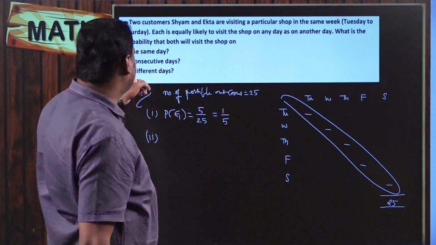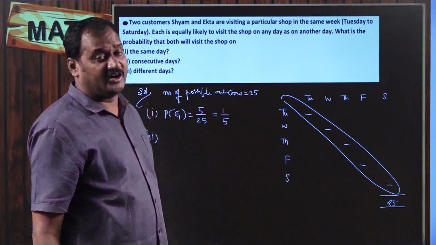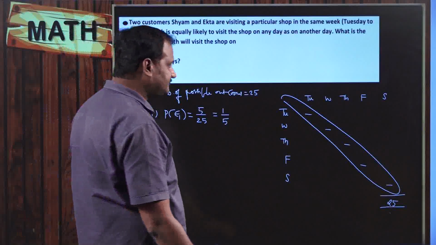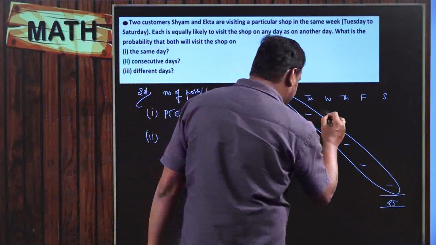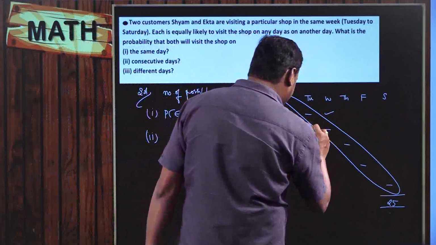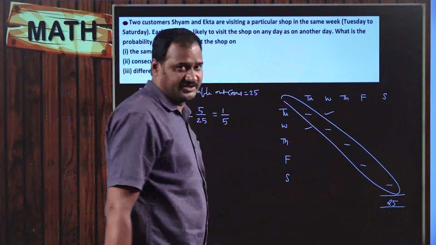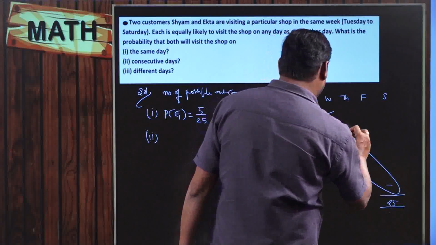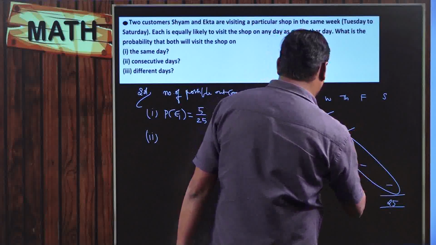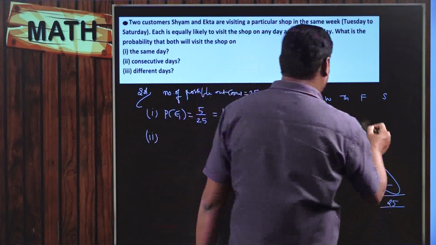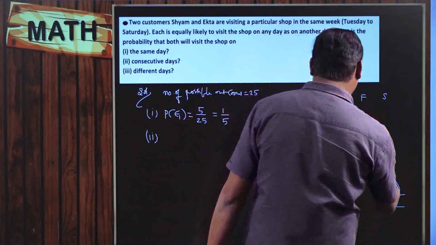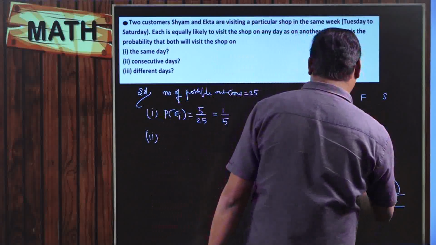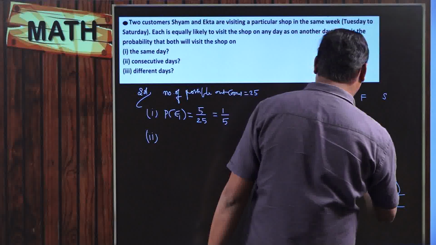And what is the second one? Consecutive days. Consecutive days means what? Tuesday, Wednesday and Wednesday, Tuesday both come under consecutive days. And Wednesday, Thursday and Thursday, Wednesday will also come. And then Thursday, Friday and Friday, Thursday will also come under consideration.